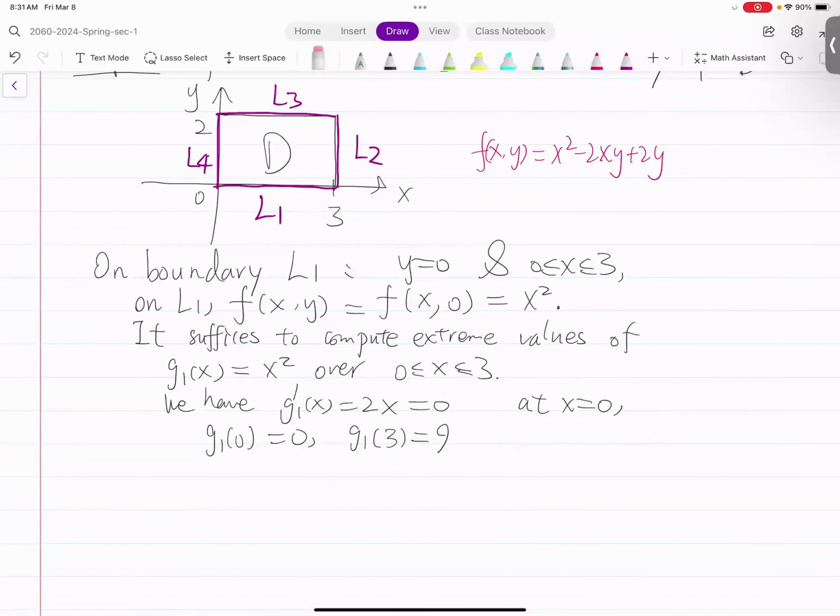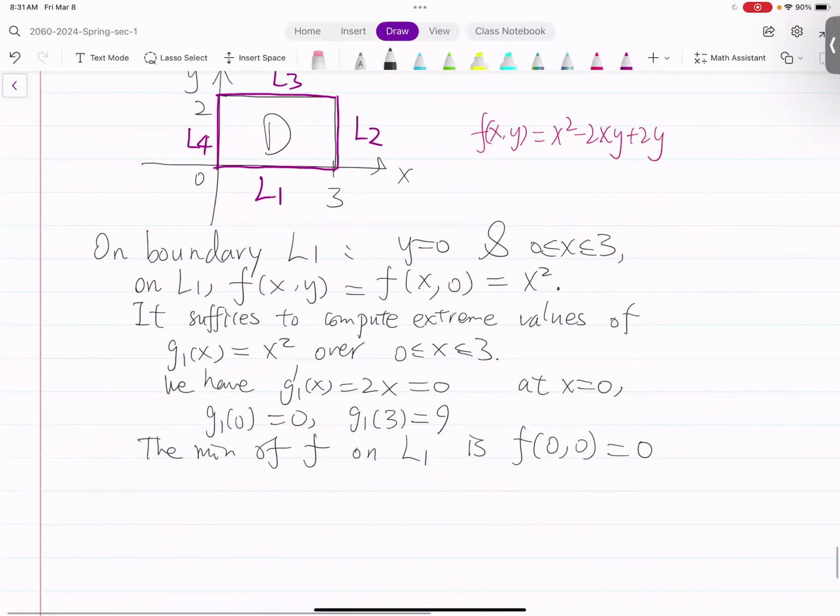So on the entire boundary, the minimum is 0, the maximum is 9. The minimum of f on L1, here we just want to put the result in the pair, is when x is 0, y is 0, giving 0 as the minimum.